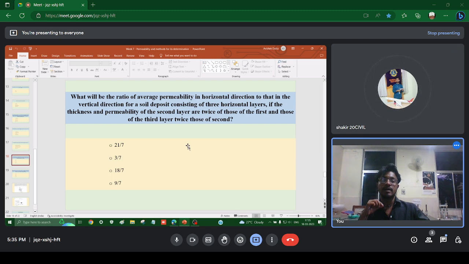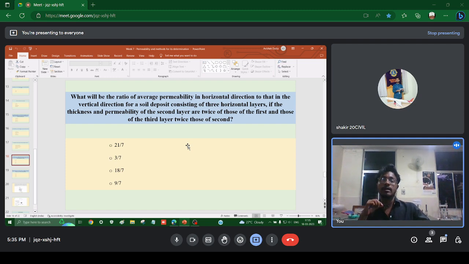Yes, sir. So you have to find the ratio of average permeability in the horizontal to the vertical direction where the soil has three horizontal layers. In the second layer, the thickness and permeability are twice those of the first layer.